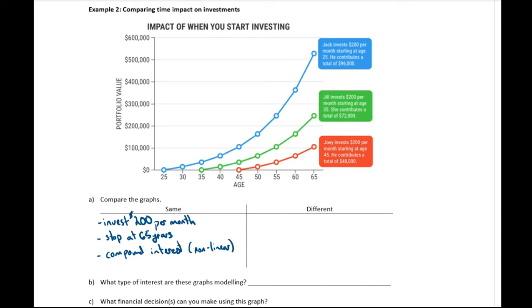What's the difference between these different lines, or these different people? Well, they start investing at different ages. Right, we can see one starting at 25, one at 35, and one at 45. By reading the blurbs, each person contributes a different total.